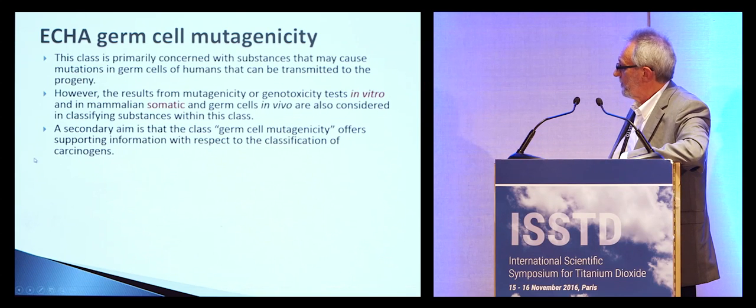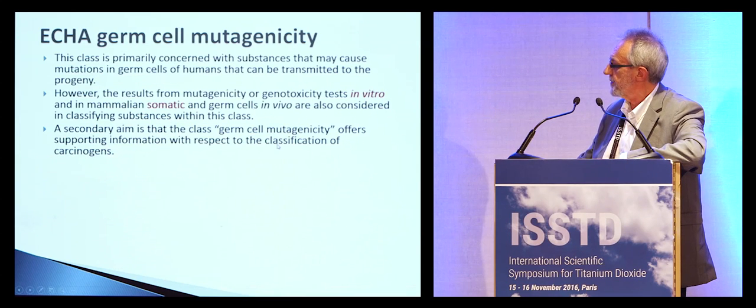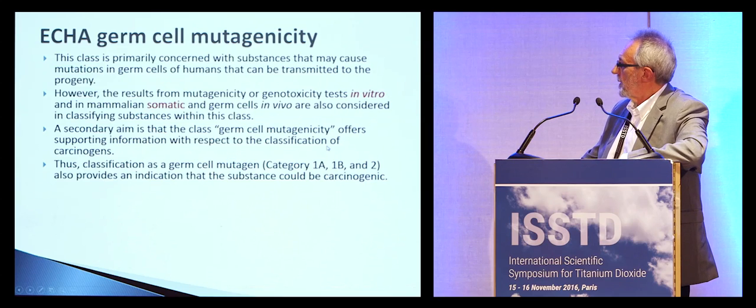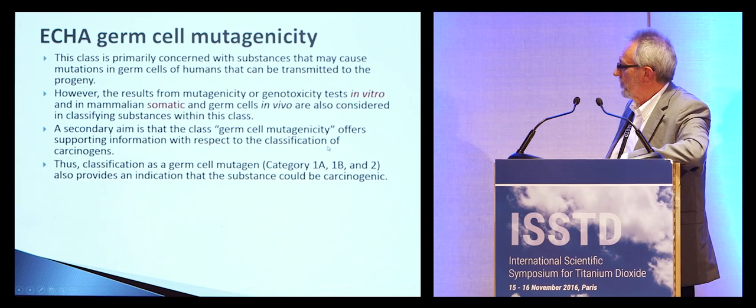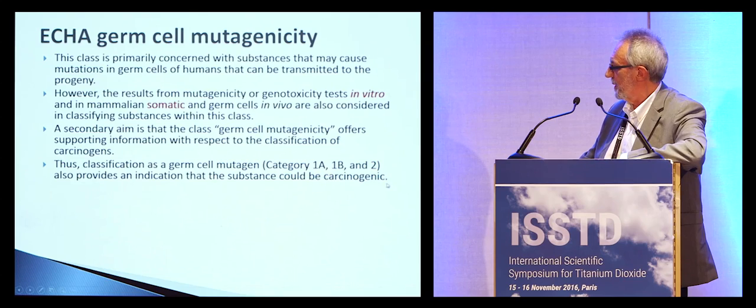But importantly, the class germ cell mutagenicity offers supporting information with respect to the classification of carcinogens. So something which is classified as a germ cell or a potential germ cell mutagen, which could be based on a lot of in vitro data in somatic cells, would have an impact on carcinogen classification as well. So the germ cell mutagenicity categories, again of 1A, 1B, and 2, provide an indication that the substance could be carcinogenic.